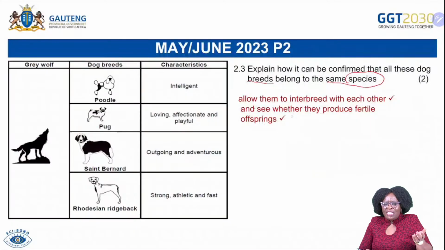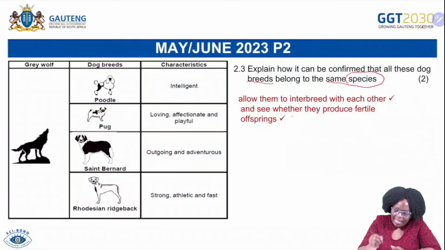So in other words, this is just a different approach to you knowing the definition of a species, because if it is a species, it means that a species must be able to do what? A species must be able to interbreed. That's the first thing. And a species must be able to produce a fertile offspring.